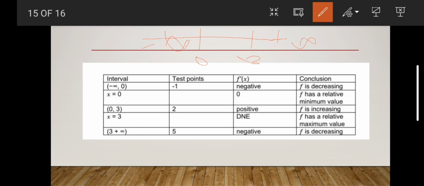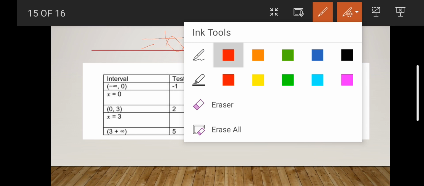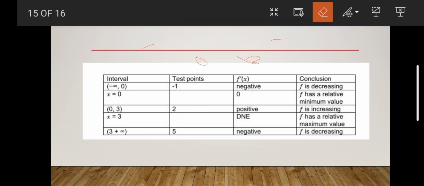And we also have x equals 0 and x equals 3 to determine the minimum and maximum values. The next step is obtaining the test points. For negative infinity to 0 we have negative 1. For the interval 0 to 3 we have 2, and for the interval 3 to positive infinity we have 5.